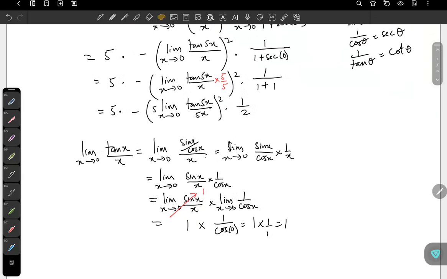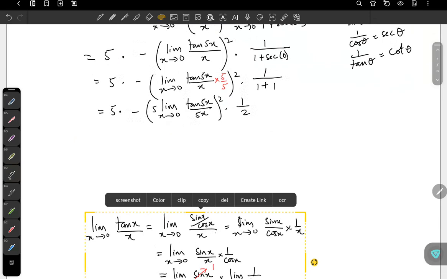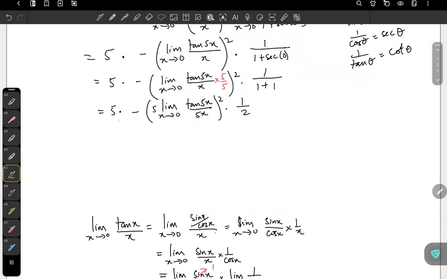And finally, we can apply the identity, the fact that we proved at the beginning. So this becomes negative 5 over 2 times, so I've done this times 1 over 2, times 5 times 1.